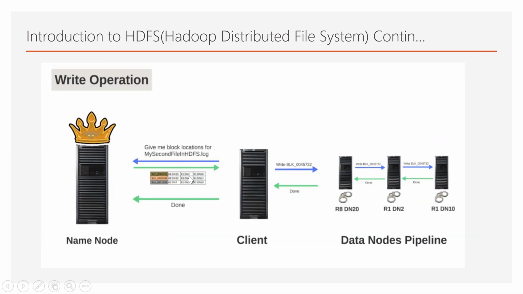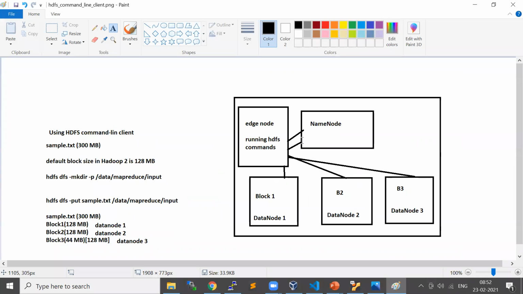The name node gives the information on how many blocks this file has and on which data nodes those blocks have to be stored. The HDFS client takes the information and copies the blocks to the respective data nodes. There are two things to note here. The name node instructed that this file will be converted into 3 blocks, and you have to store these 3 blocks on data node 1, 2 and 3.